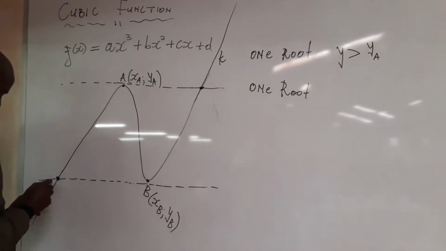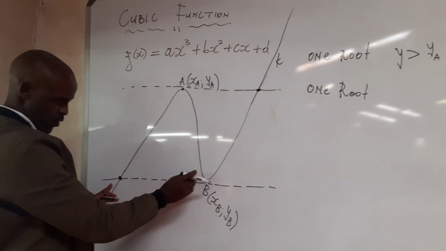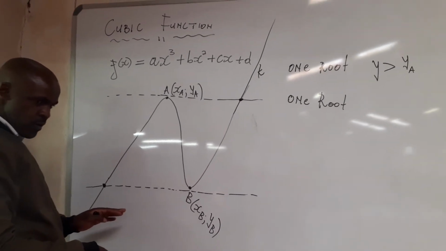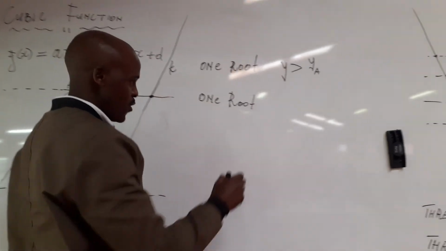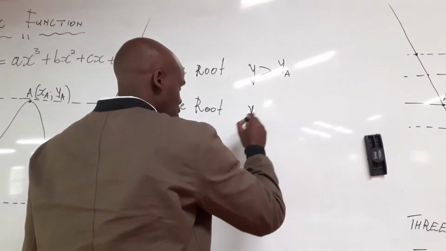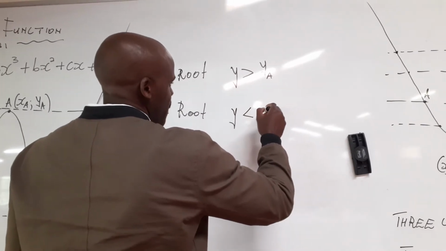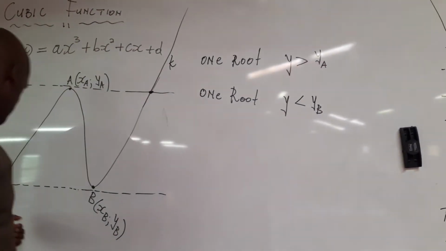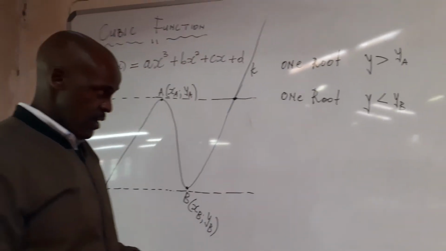Again, we've got one root just below point B. Below, that is less, which means the value of y must be less than y at B for us to find one root.